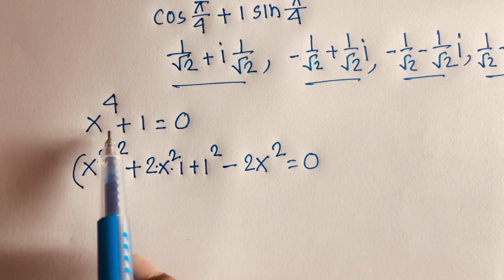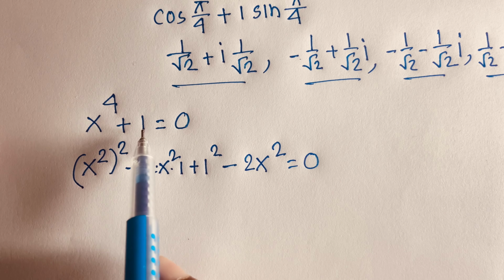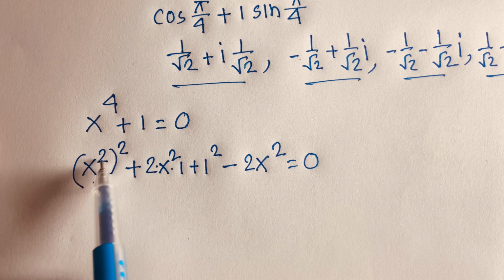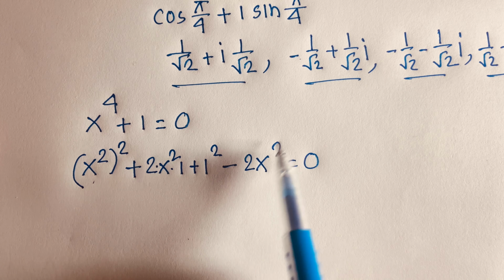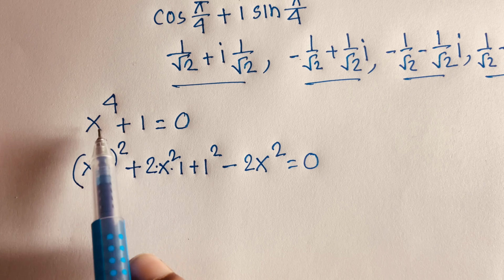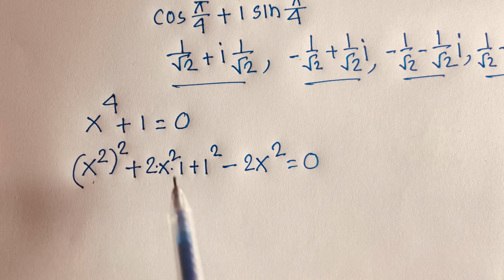This equation and the original are the same, because x to the power 4 is this one, and 2x square minus 2x square cancels, so it is x to the power 4 plus 1 is equal to 0.